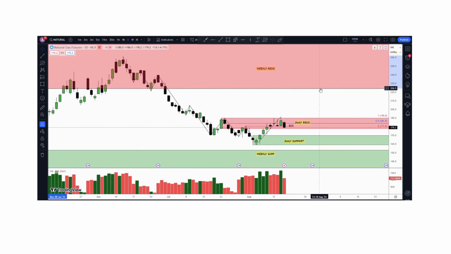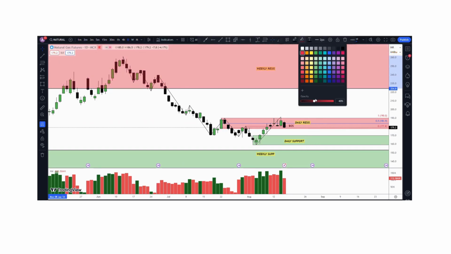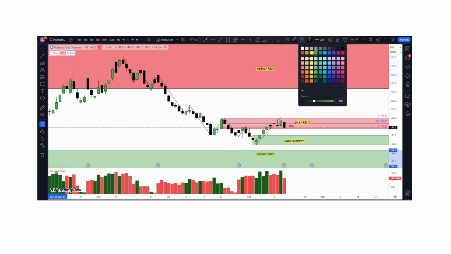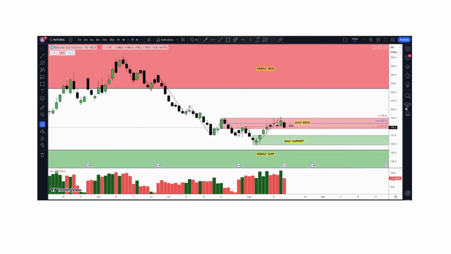So this is my weekly. Let me just take a boundary over here so it's easy to differentiate. Okay, so this is our daily. Let me change the color. This is our daily resistance. This is our, sorry, weekly resistance. This is our weekly support.